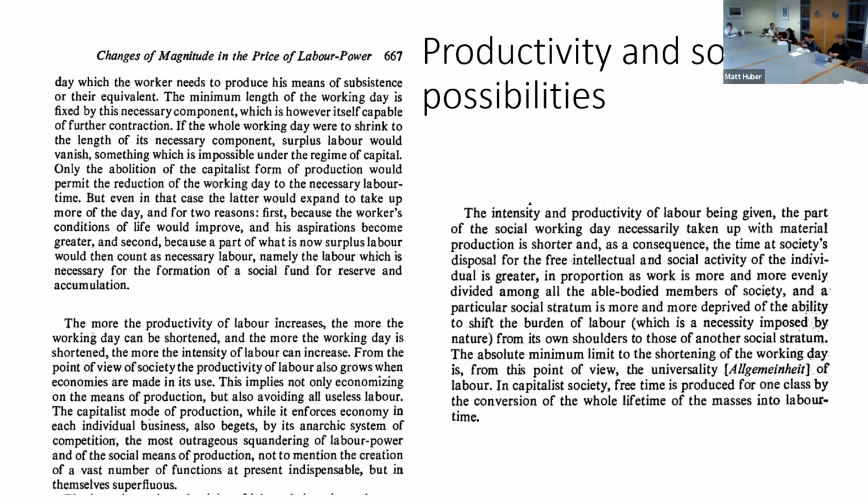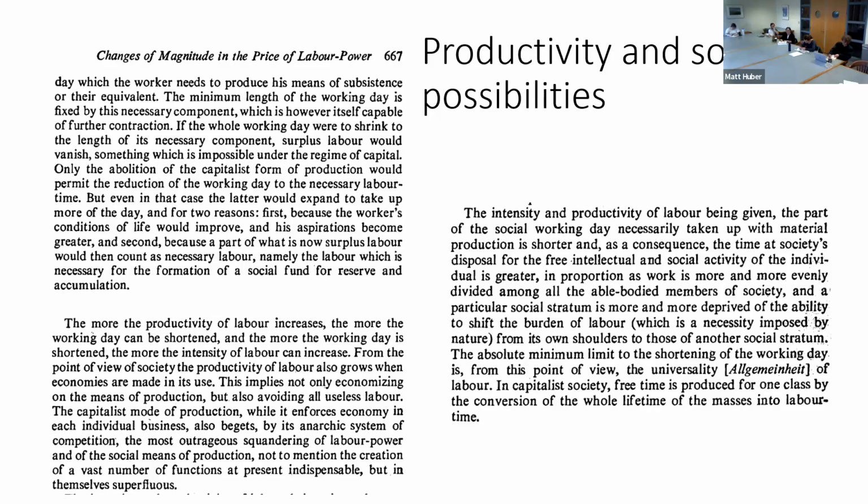But he does say the absolute minimum limit to the shortening of the working day is from the point of view of the universality of labor. But in capitalist society, free time is produced for one class by the conversion of the whole lifetime of the masses into labor time. So under capitalism, all that capacity and productivity basically creates a bunch of luxurious free time for just one class, right?